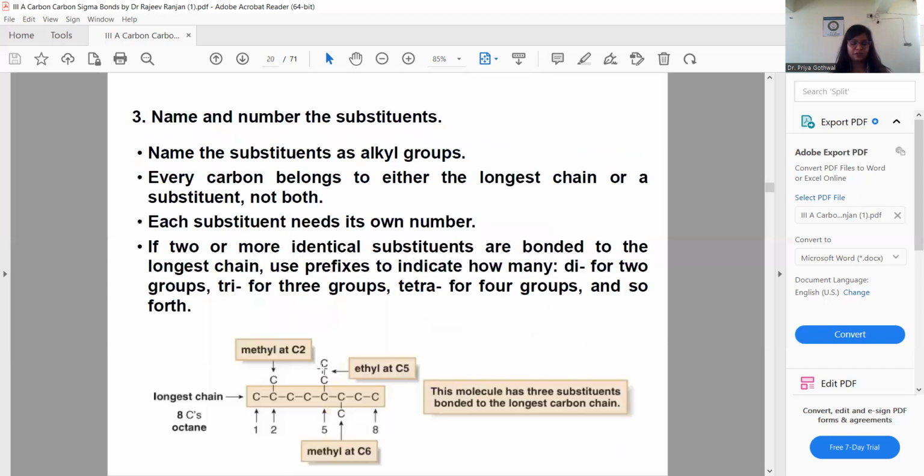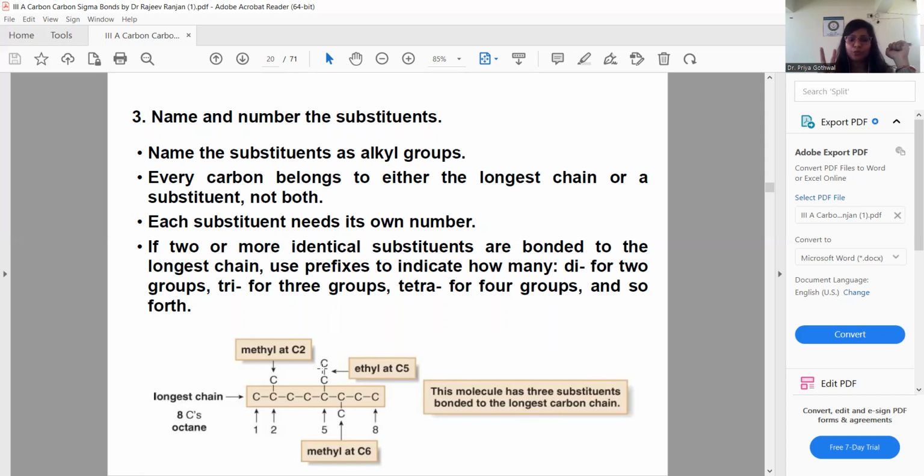In the next slide, we discuss the name and number of the substituent. Name the substituent as alkyl groups. Every carbon belongs to either the longest chain or a substituent, not both. Each substituent needs its own number.